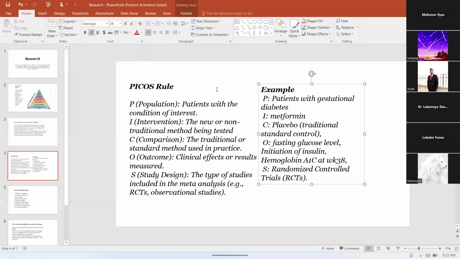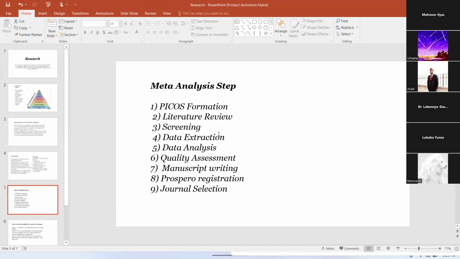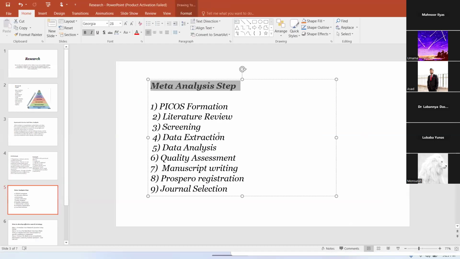Okay, so what are the basic steps of meta-analysis? First of all, in meta-analysis, we have PICOS formation, which I told you before. Before you do a meta-analysis, I'll tell you how to select a topic, but once you select a topic, the first step is your PICOS formation. You must know your patient population, your intervention, your control.